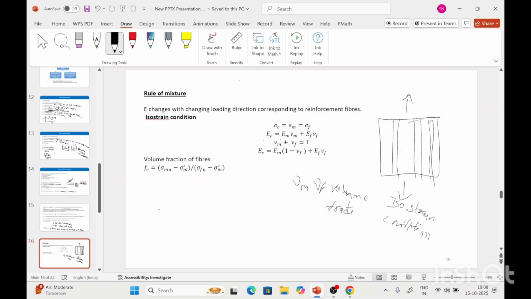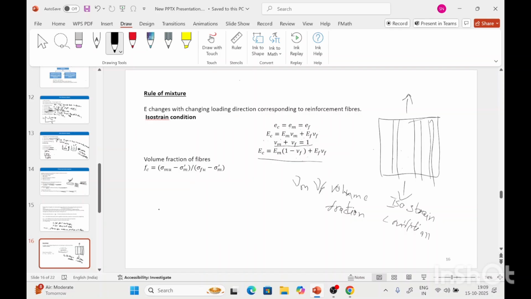The addition of these two volume fractions is equal to 1, so we can put the V_m value from this equation. So this can be written in the form of volume fraction of fiber also. So in this isostrain condition, the modulus of the composite will be higher.